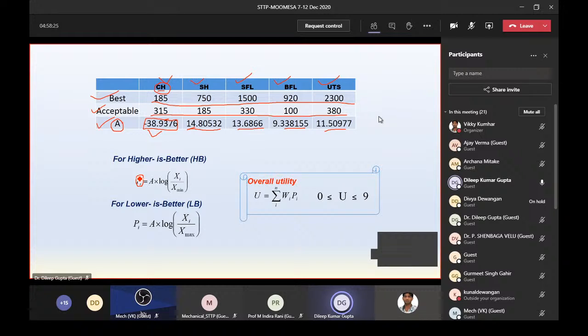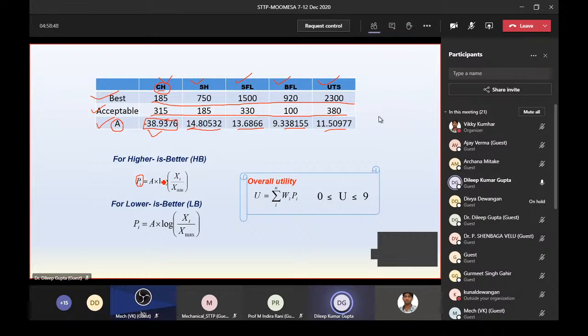So ultimately, in any MADM technique, we are trying to convert the actual data available in different scales to a single scale, right? Earlier we saw the scale varying from 0 to 1. Here the scale will vary from 0 to 9, correct? So here PI can be calculated.